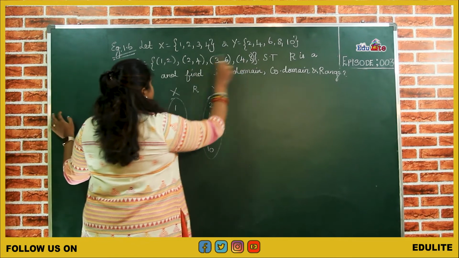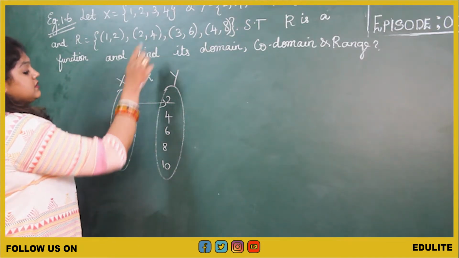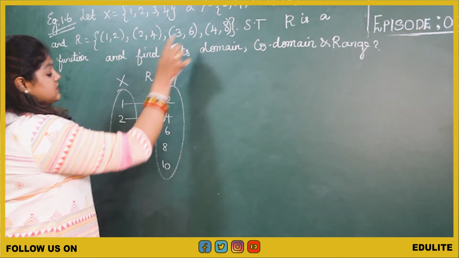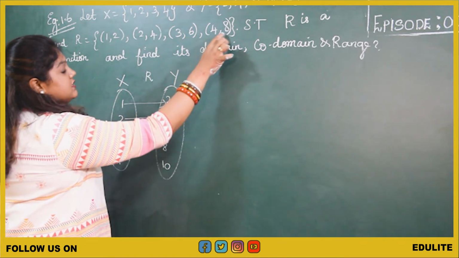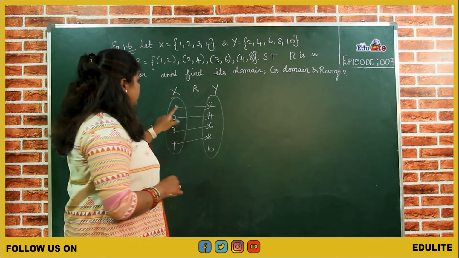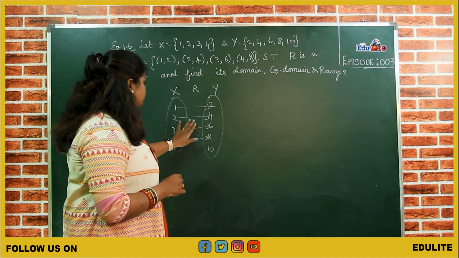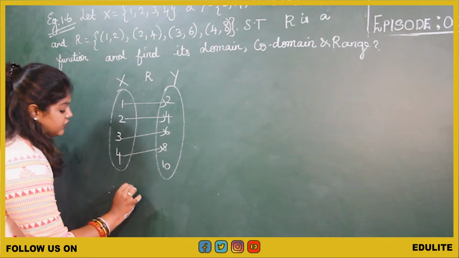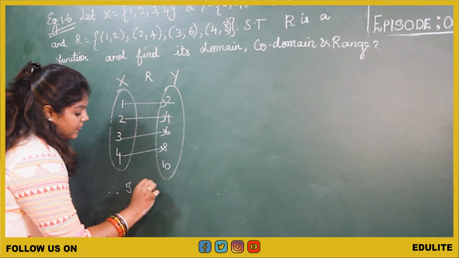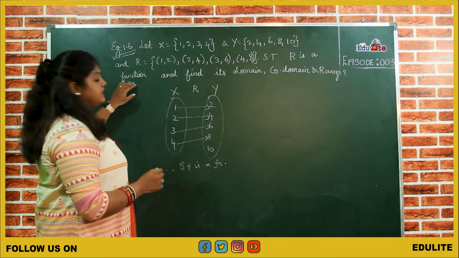In the given relation, 1 is mapped to 2, 2 is mapped to 4, then 3 is mapped to 6, 4 is mapped to 8. So, according to the definition of a function, for every x in X there is only one y. Therefore, this is a function.